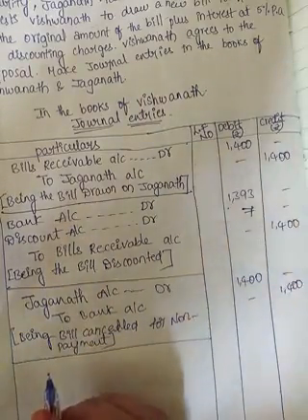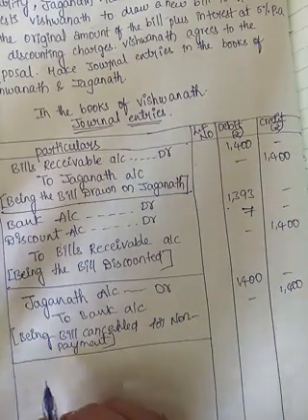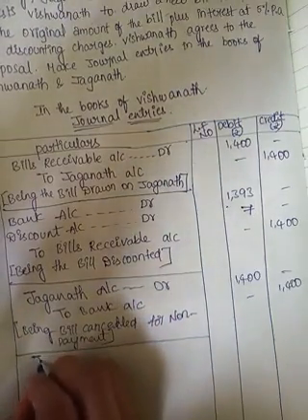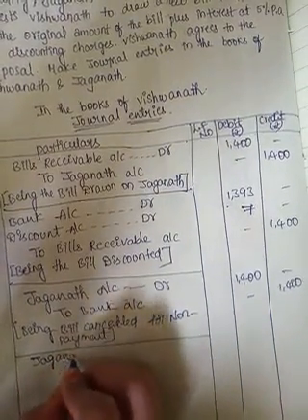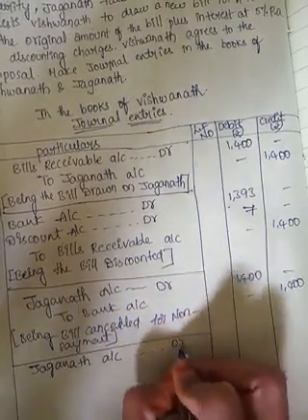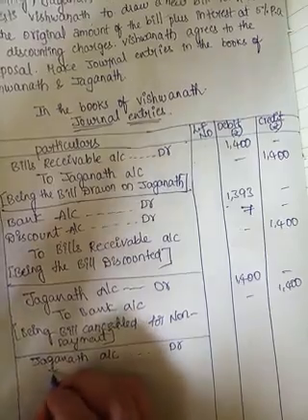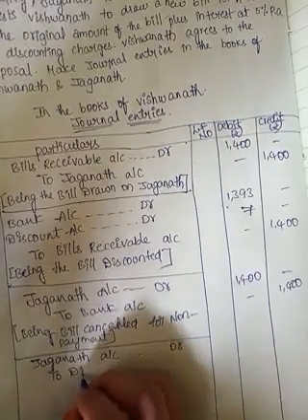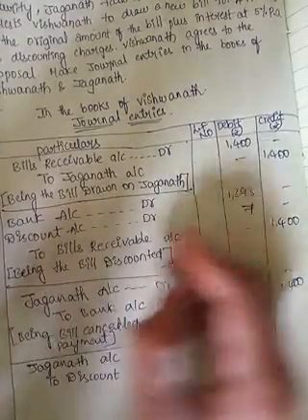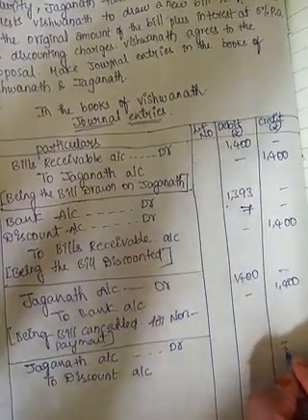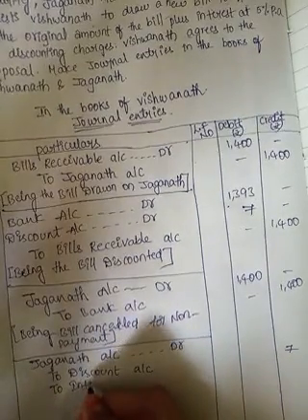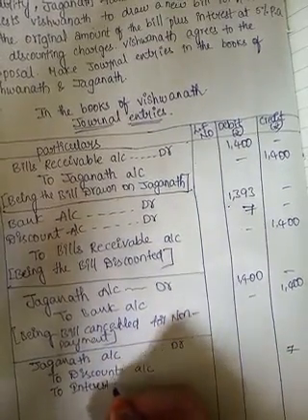Entry is Jagannath account debit, to discount account, the discount amount is 7 rupees, and to interest account.